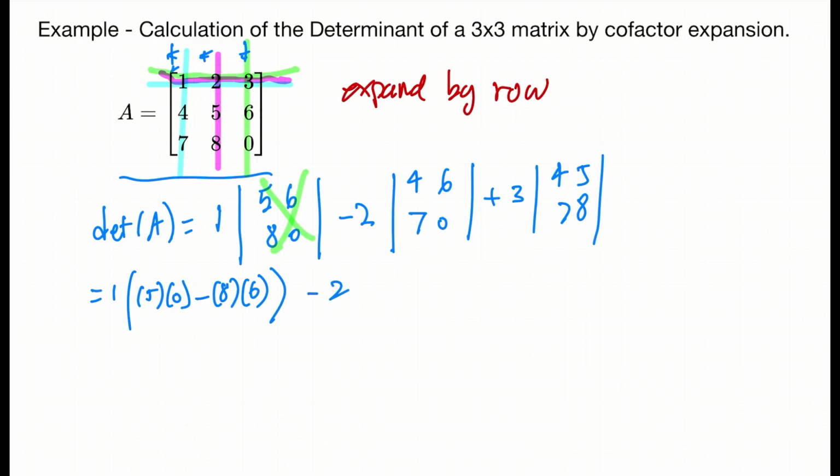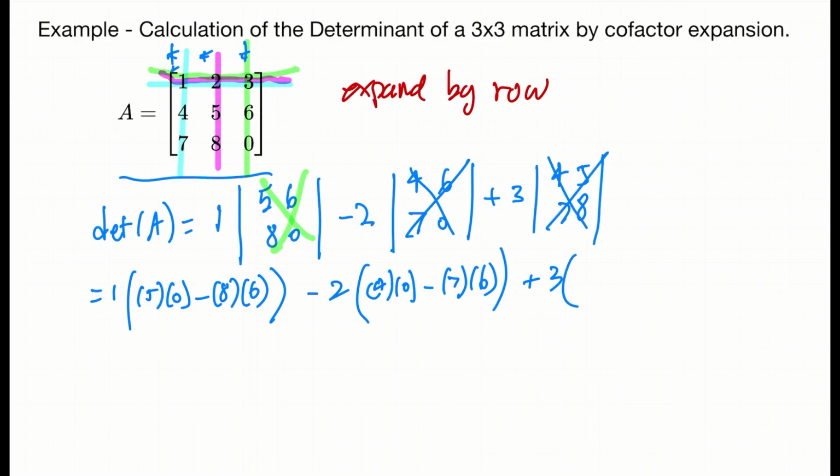Minus 2 times, same cross multiplication again, 4 times 0 minus 7 times 6, and then plus 3 times, cross multiply there, we get 4 times 8 minus 7 times 5. Okay, now let's just do our math and figure this out.